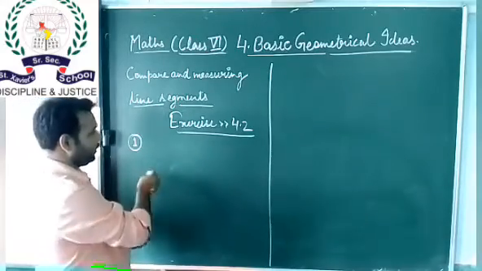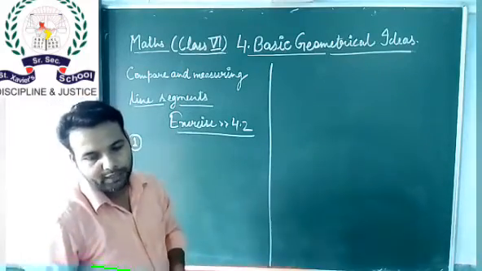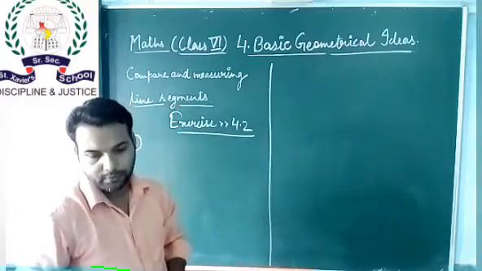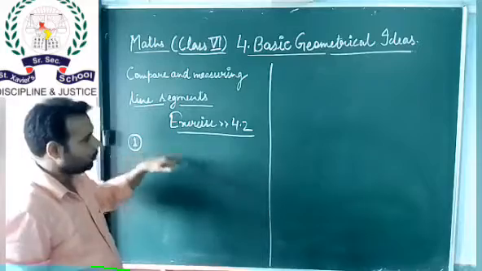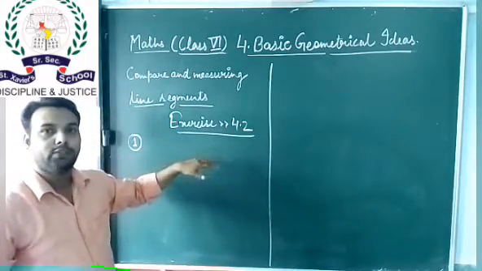Okay. See, that is your first question, and it says measure the following line segments using ruler and divider. Then you don't draw these lines in your copy. First you have to measure these line segments from the book.